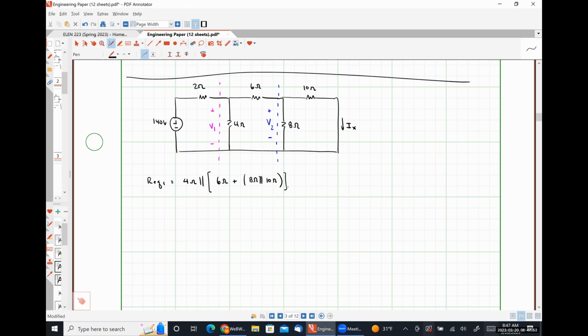So 8 ohms in parallel with 10 ohms is 8 times 10 over 8 plus 10, 40 over 9, plus 6, 94 over 9. I'm going to store that as x, 4x over 4 plus x I get to be 188 over 65. Anybody wants to verify that, by all means, go for it. Always a possibility that I've made a mistake.